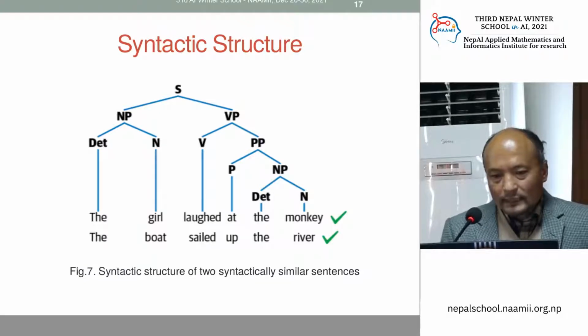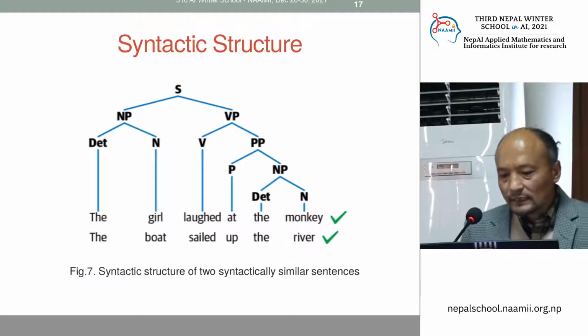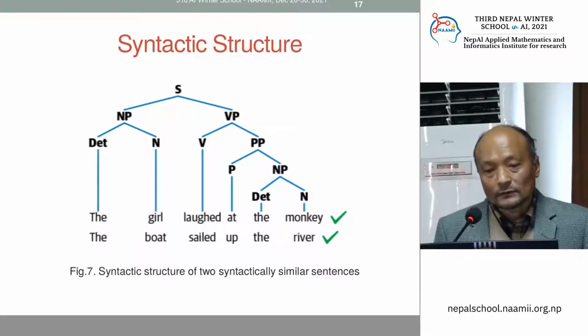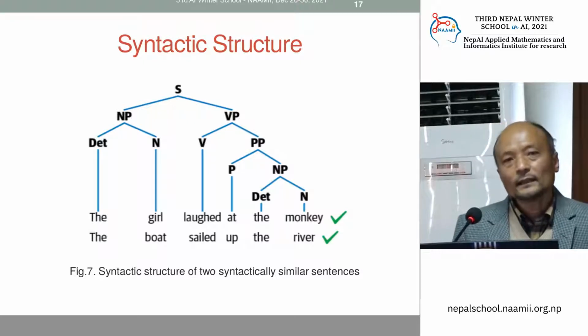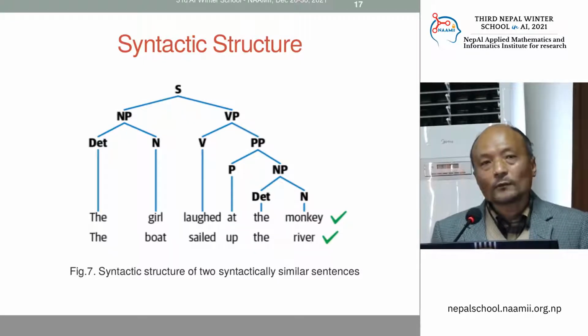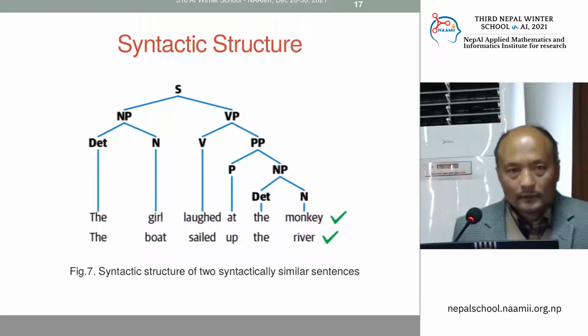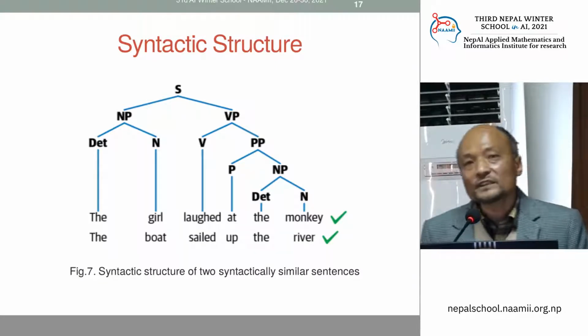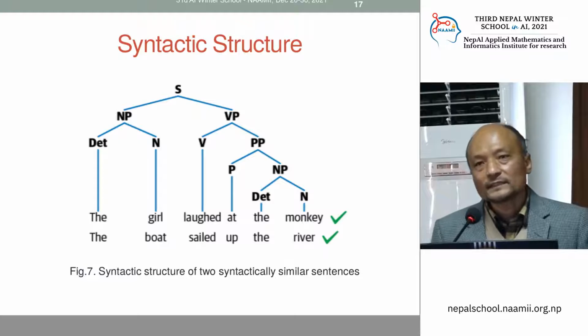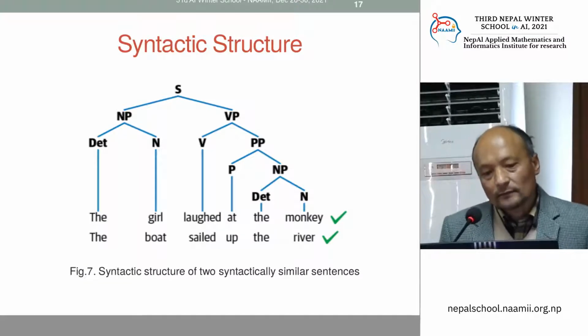So let's look at the syntactic structure of two syntactically similar sentences. As I said earlier, we start with the root as the sentence itself, right? And then we have the noun phrase and verb phrase as the intermediate nodes, followed by the respective parts of speech, right? There are 8 parts of speech in English, right? Determiner, noun, verb, preposition, right?